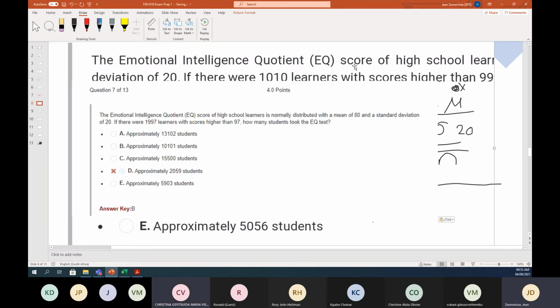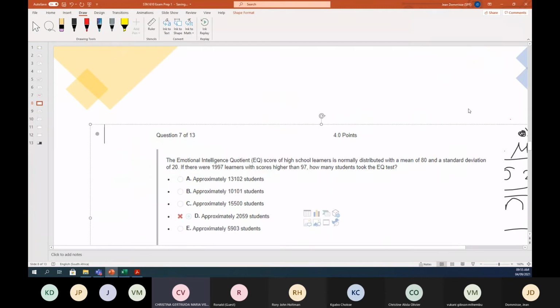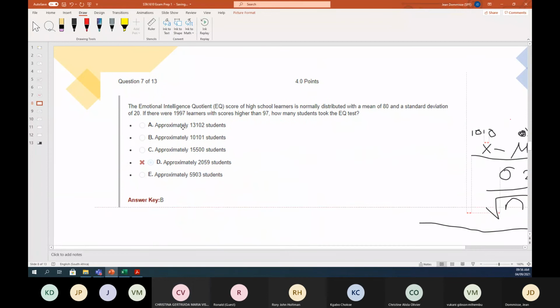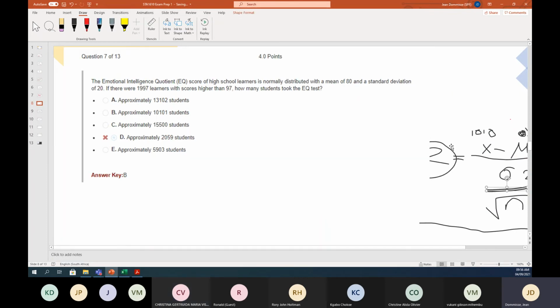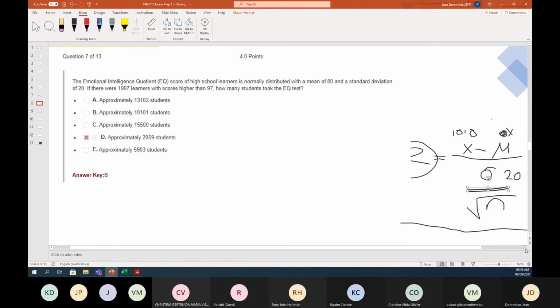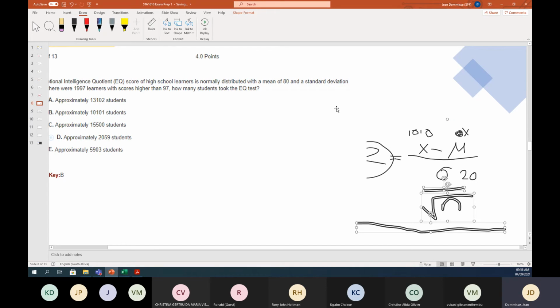I feel like I have so many shortcuts to things. I don't know any of the things we did the whole year. So let's. Emotional intelligence, so let's just do it. And let's take that part out.